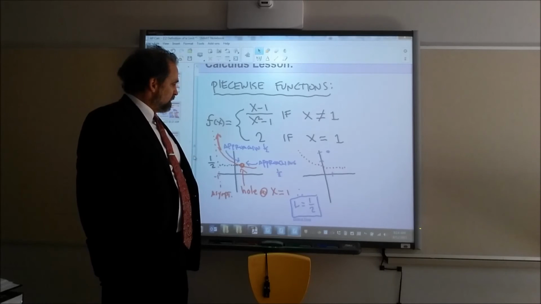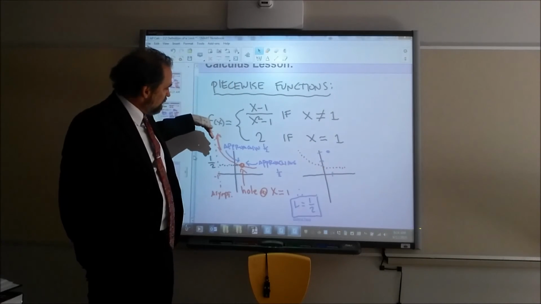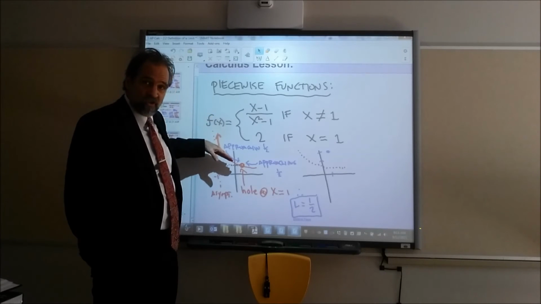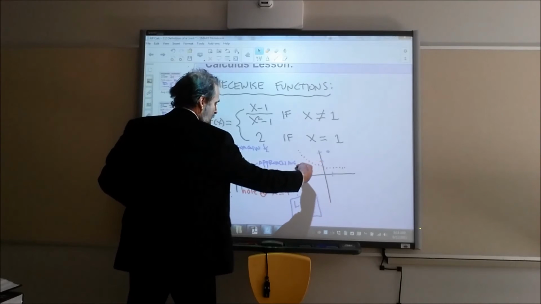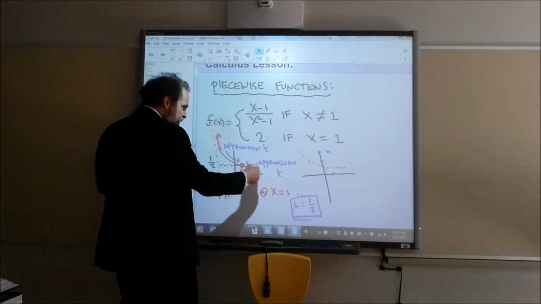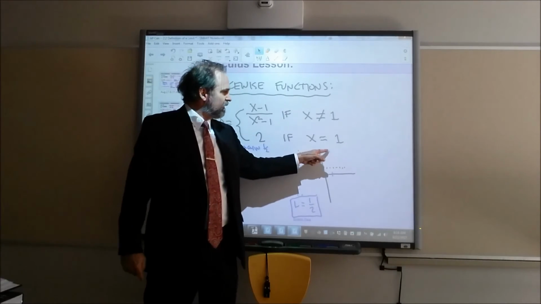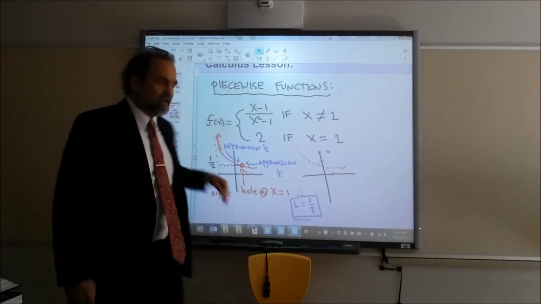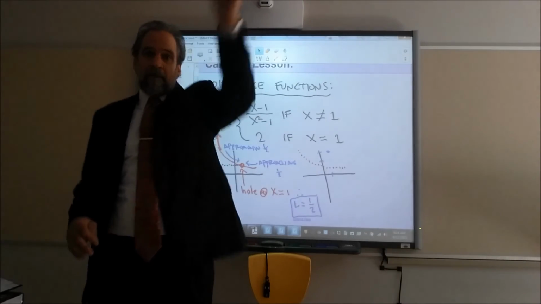Okay? So the 2 is not the limit, is it? Because as I approach from the left, am I approaching 2? No, I'm approaching 1/2. As I approach from the right, am I approaching 2? No, I'm approaching 1/2. So even though I have a discrete value defined there, it is not in the smooth, continuous piece of the curve. I'm going, and then I jump back down.